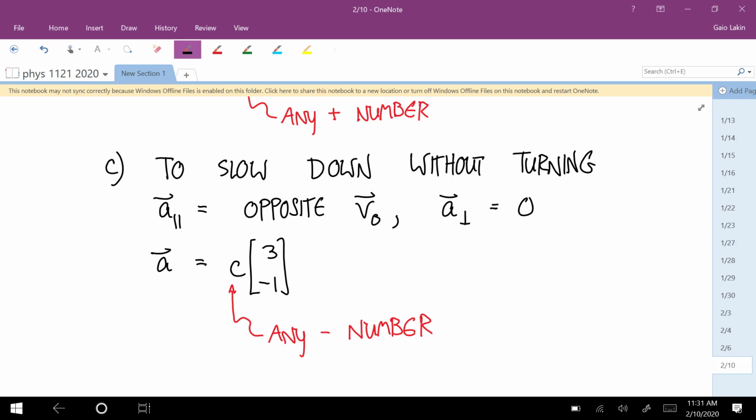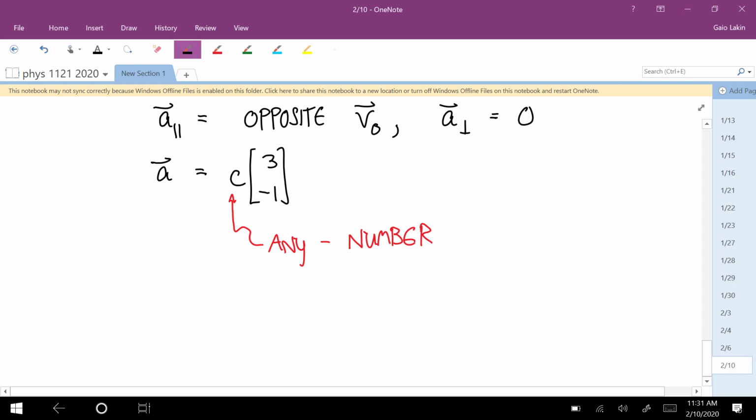And then for part D, it asks, give an example of an acceleration vector that would make the ball turn but remain the same speed.